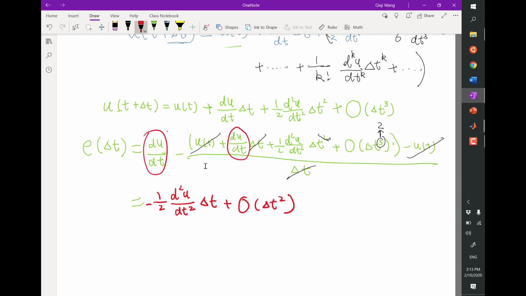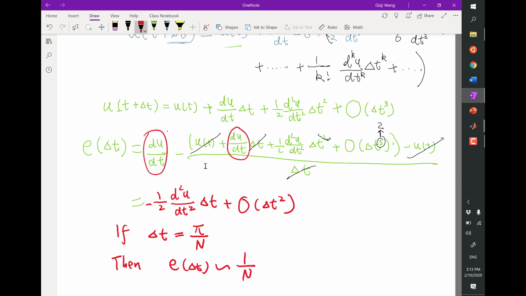So, what does that tell us? It actually tells us that if delta t in our previous case is equal to pi over n, right? Then my error actually goes proportional to 1 over n, right?